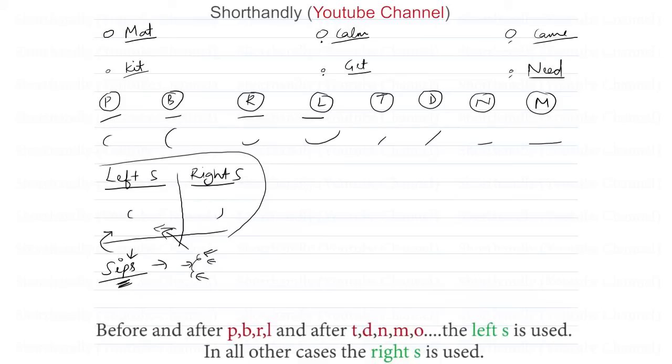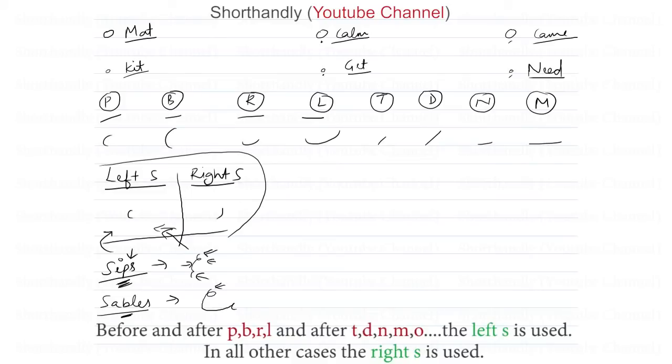So let's suppose we take another word called sables. Now we have this B character, and in the statement also we have the B character. So here also we will be making the left S because it says before and after B, the left S is used. So let's make this word sables. It will be made like this.